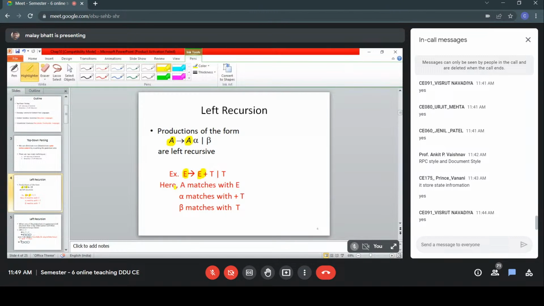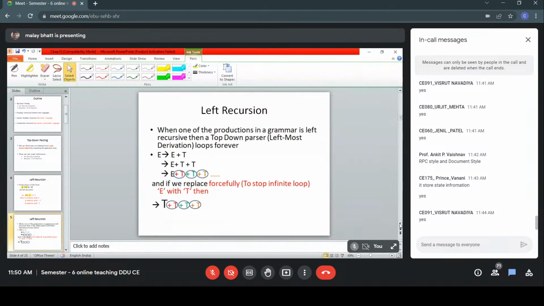Suppose I want to use this production in a leftmost derivation. The rule is that we always give priority to the leftmost non-terminal. Here, from the leftmost non-terminal E, we again get the same leftmost non-terminal E. E gives E plus T, so the same thing is repeated, and we get E one more time, giving patterns like E plus T again. So we never get a terminal symbol.